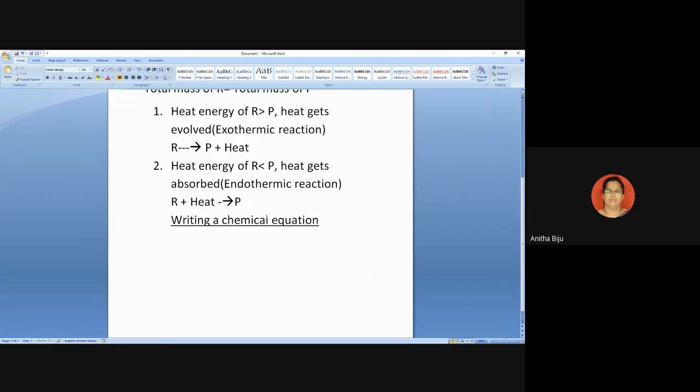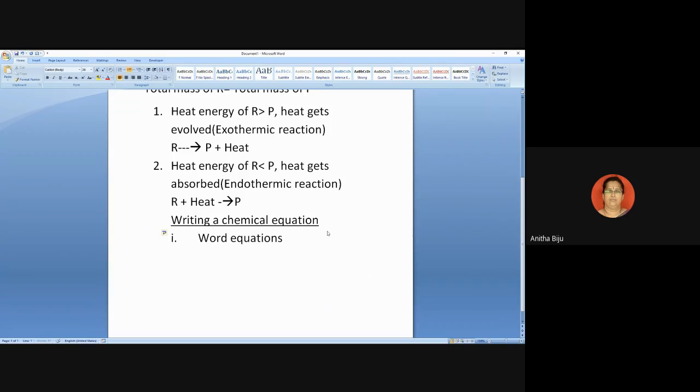There are two ways of representing a chemical equation. First of all, in terms of words. Anybody can say what is that particular type of chemical equation where we are using words? For example, magnesium plus oxygen. Word equation, correct. So they are known under the name word equations.